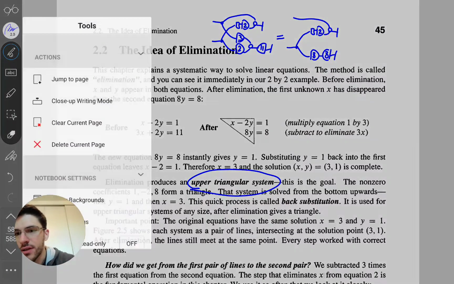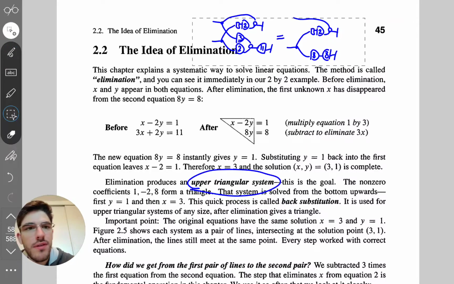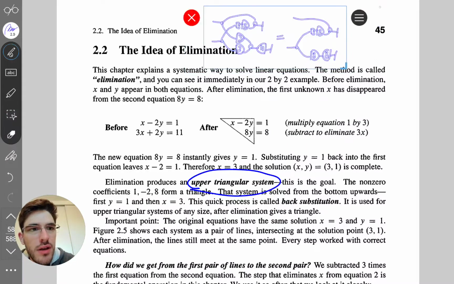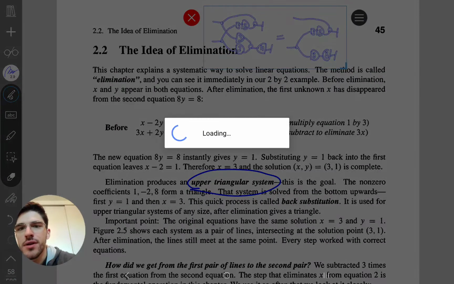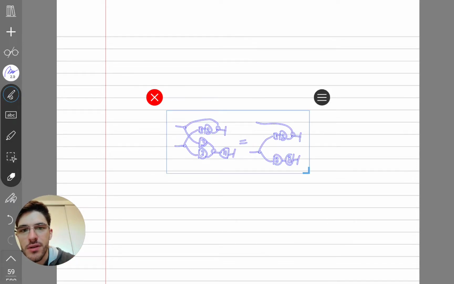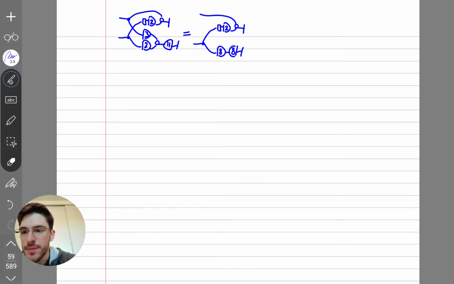Okay, let's try to do that. Let's copy this and add a new page. I don't like this background, but whatever. Try to figure out what they're doing.